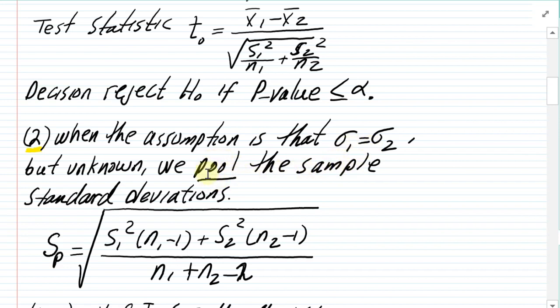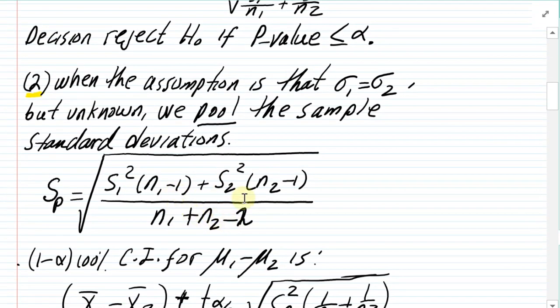So what we do, in fact, is we pool the sample deviations, and this is the formula for that average standard deviation, if you will. Again, the reason we average them is because of the assumption that they're equal in the population, but the samples are not going to be equal. So which one do I use? Well, let's average them. And this average actually is a weighted average. It's weighted by the sample sizes.